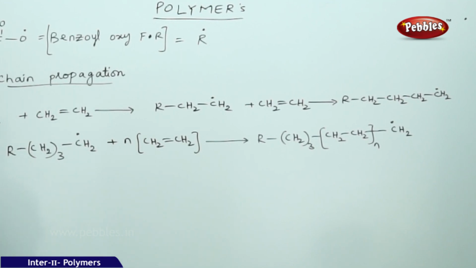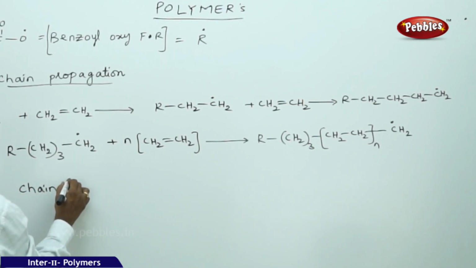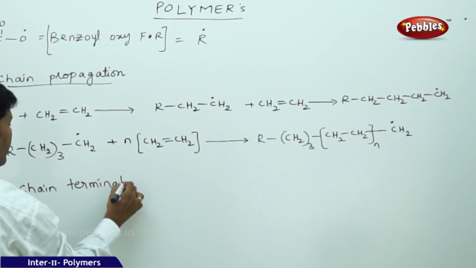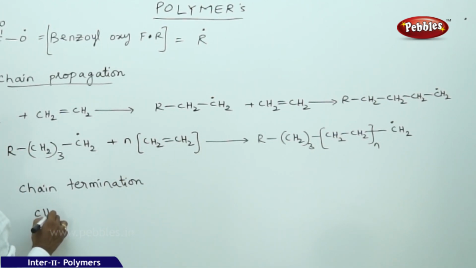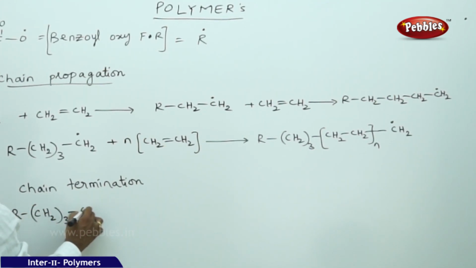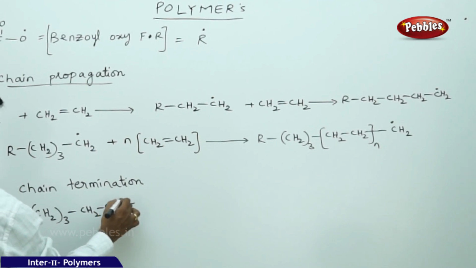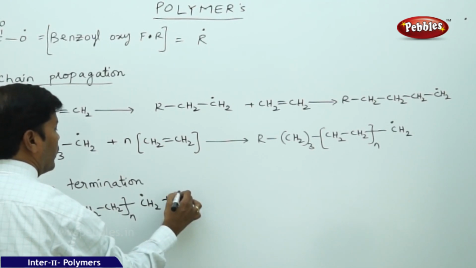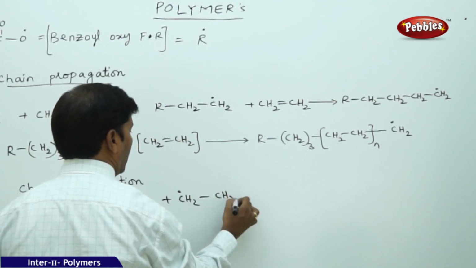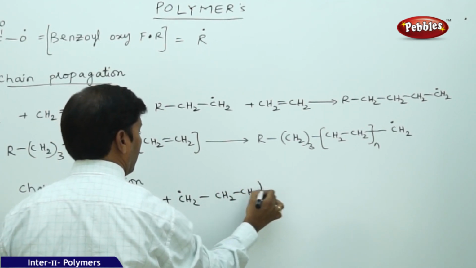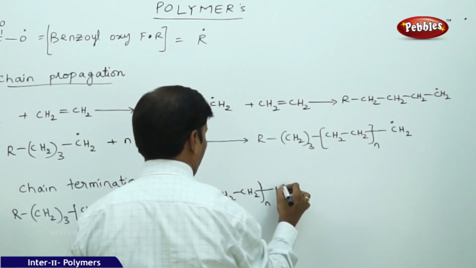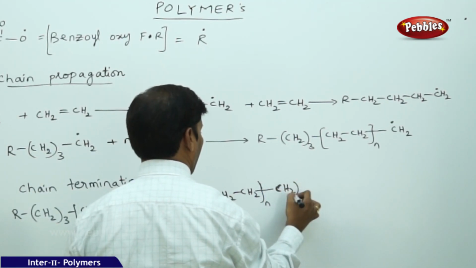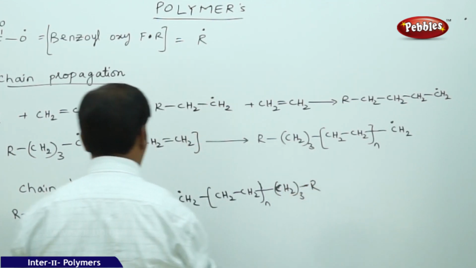In step 3, chain termination, take the two free radicals, the polyethylenic structures, each with an odd electron. The two odd electrons make up a bond formation here.